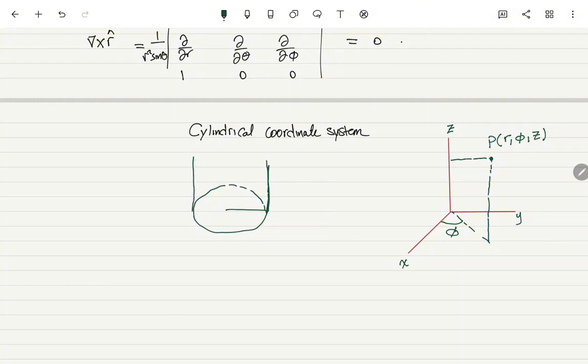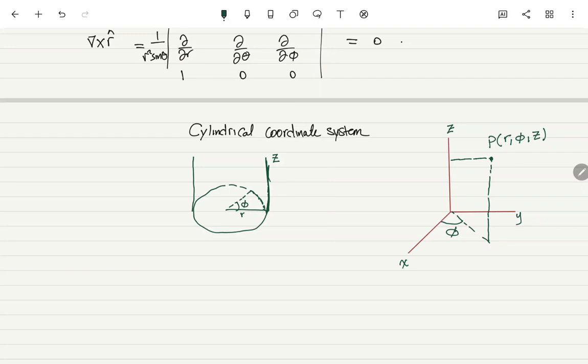So we have three coordinates: r, which sweeps angle phi, and z, similar to the z in Cartesian coordinates.